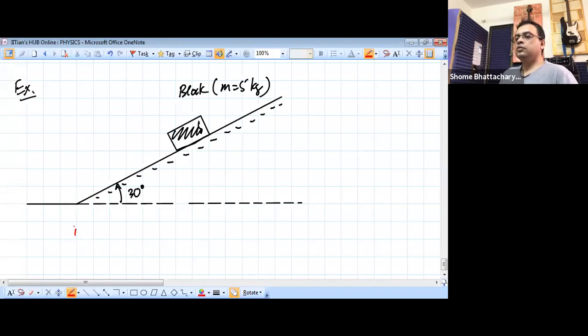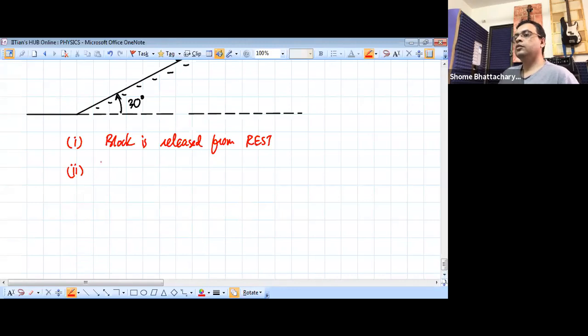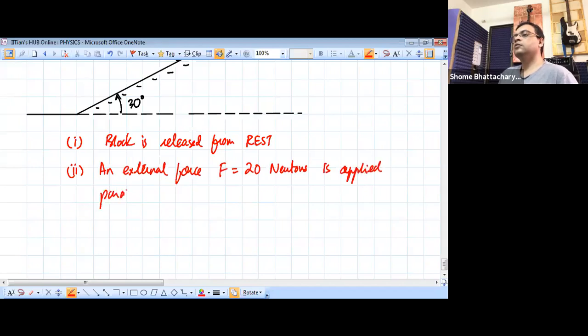Now, case 1, the block is released from rest. Case 2, an external force of F equal to 20 newtons is applied parallel to the inclined plane.